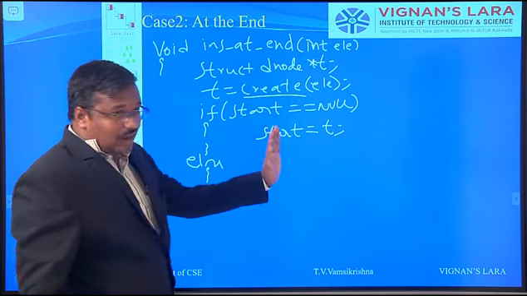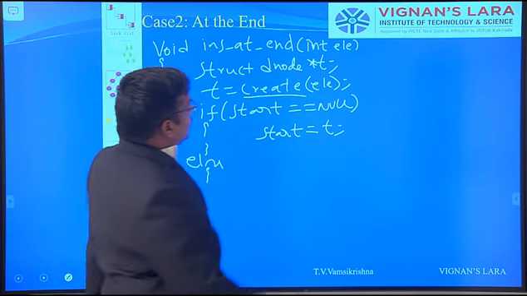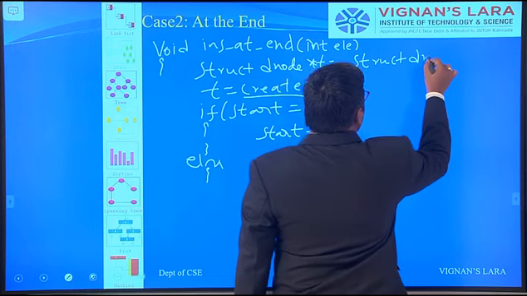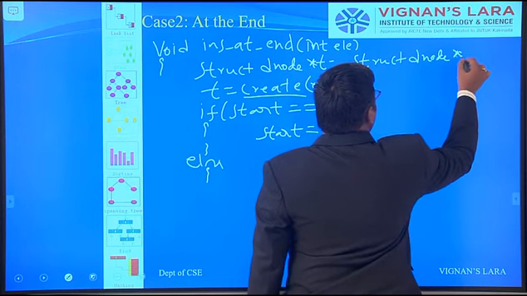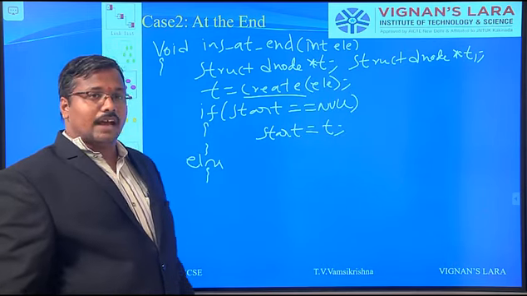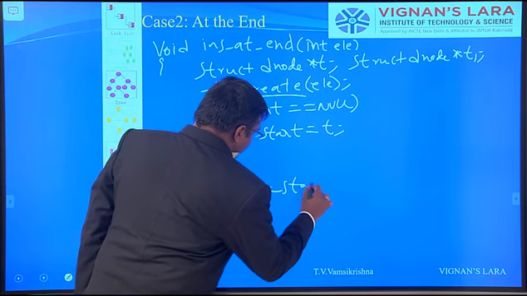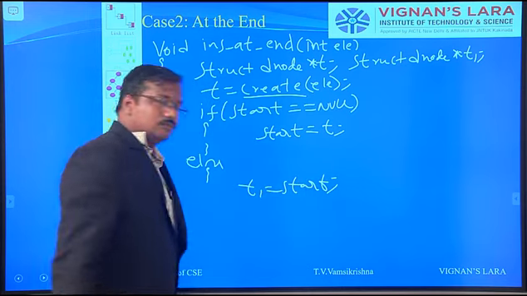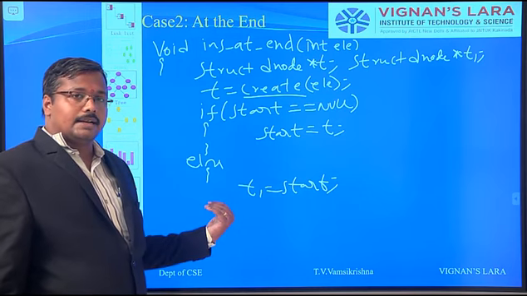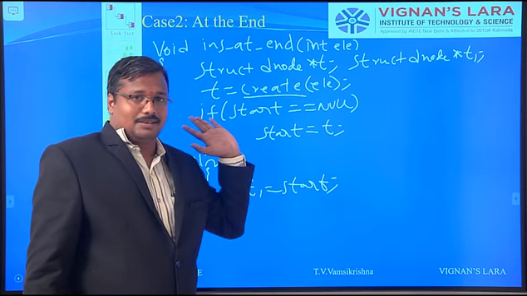So we need to find the last node address. For finding the last node address, I need some extra pointer. So struct node star t1. Here I am copying the first starting node address: t1 is equal to start. I need to travel and get the last node address.